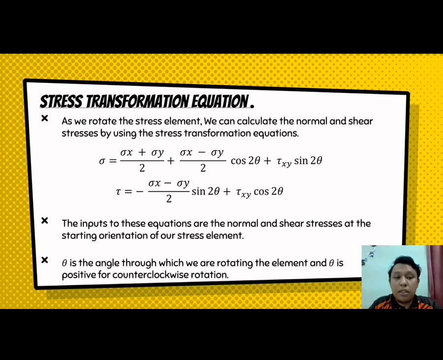The input to this equation is the normal and shear stresses at the starting orientation before the rotation of our stress element. For this equation, theta is the angle through which we are rotating the element, and theta is positive for counterclockwise rotation and vice versa. We move on to the last slide.